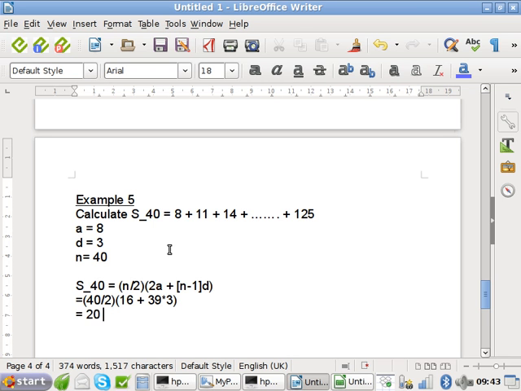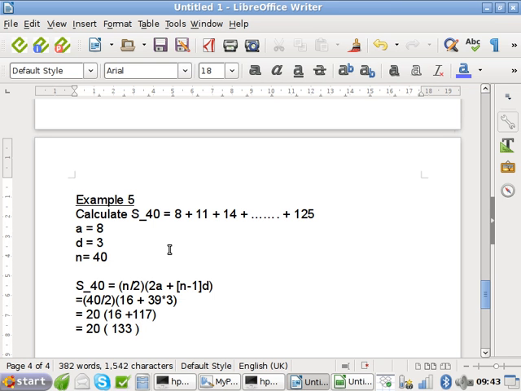So that's 20 times 16 plus 117, which is 133. So 20 times 133.